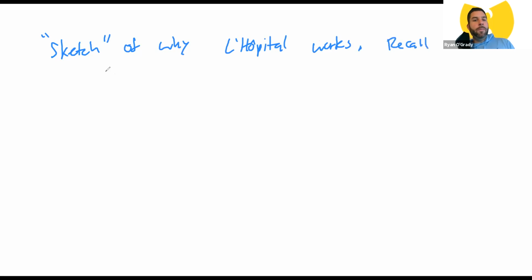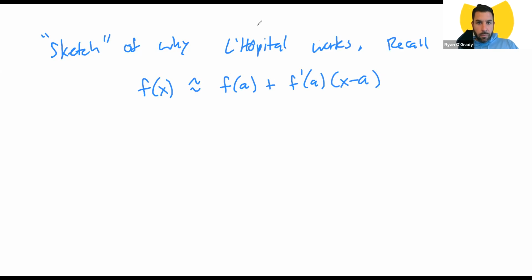Recall that f of x is approximately its tangent line, which is f of a plus f prime of a times x minus a. And again, this is its tangent line, or its linear approximation.